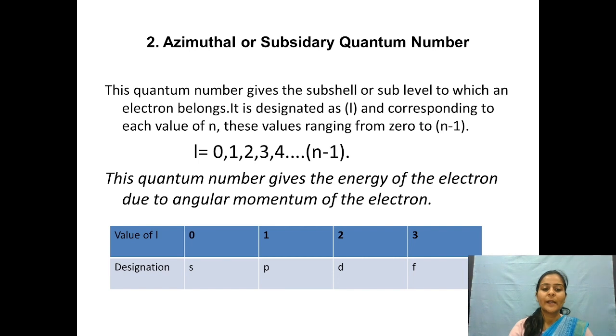Here in the table you can see the value of l varies as 0, 1, 2, 3 and so on, and their designations are written as under.